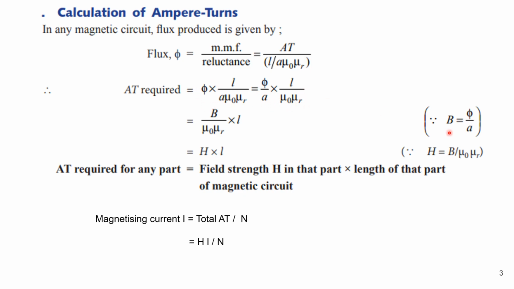Phi by A is the flux density B, so we get B divided by mu naught mu r into L. B by mu naught mu r is H, the magnetic field strength. So H into L. So the ampere turns required for any path is the field strength H in that part into the length of that part. For this question, they are asking the magnetizing current, which is the total ampere turns required divided by N, the number of turns.